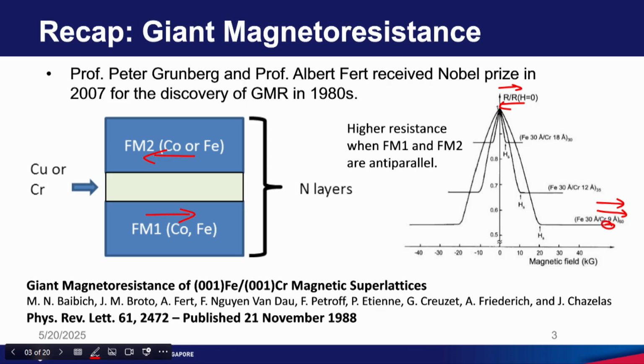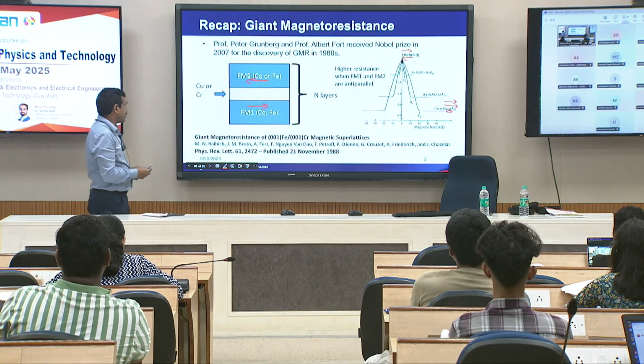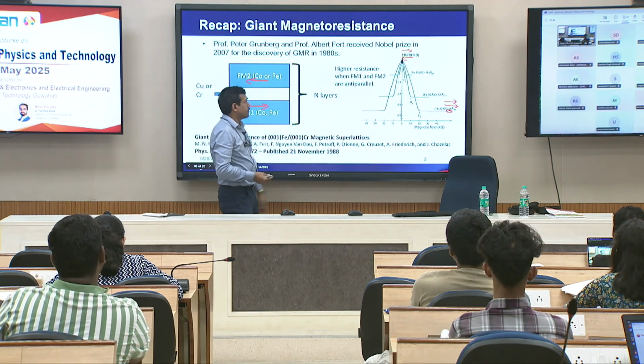Okay. So, parallel magnetization means low resistance, anti-parallel magnetization means high resistance. Okay. So, this is the phenomenon that they observed in 1989 to be precise, 88, 89, somewhere there.